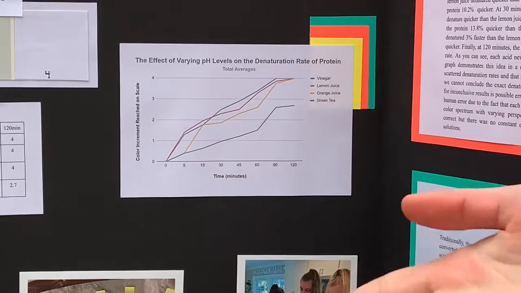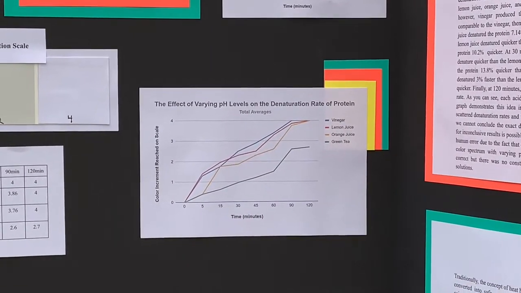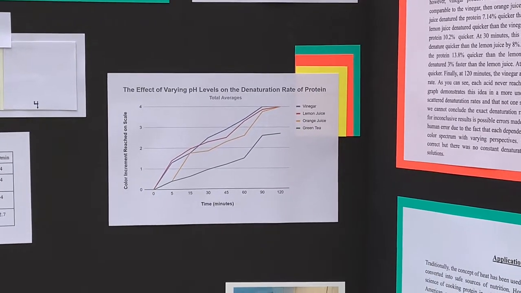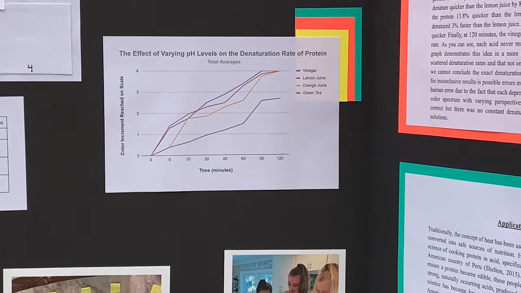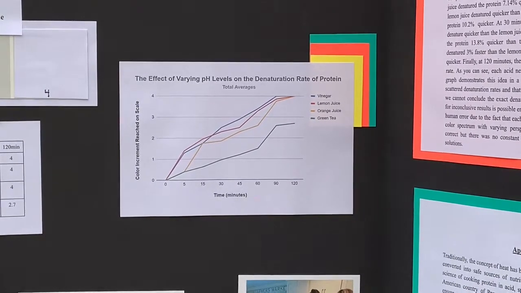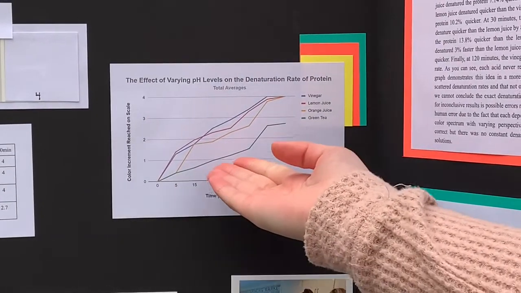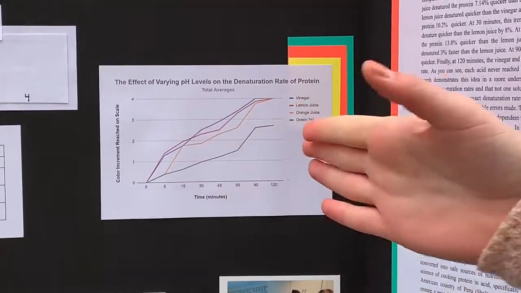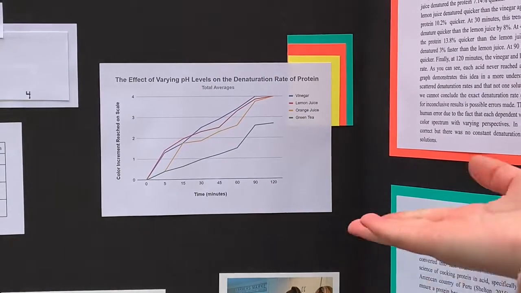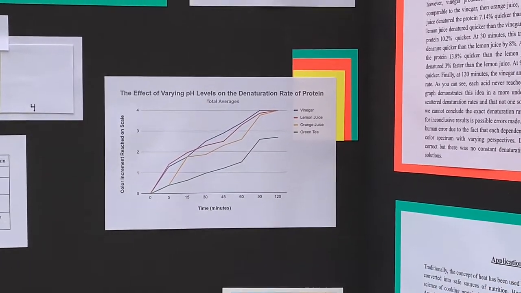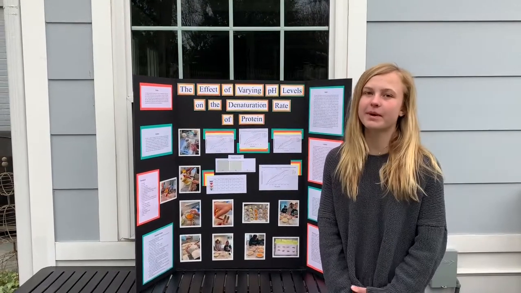They all reach full denaturation at 120 minutes, but the vinegar reaches full denaturation at 90 minutes, meaning that the vinegar denatured the protein the fastest. Also, the green tea had a steady denaturation rate, but could not reach a level of 3 even for the full duration of time. In conclusion, our hypothesis was correct for the pieces we were able to conclude.